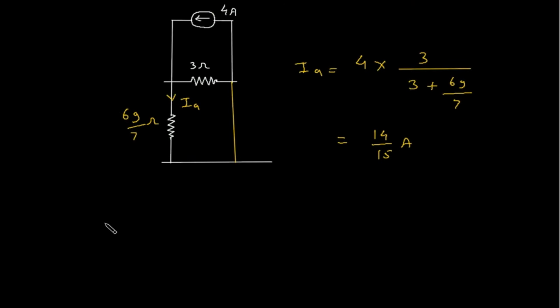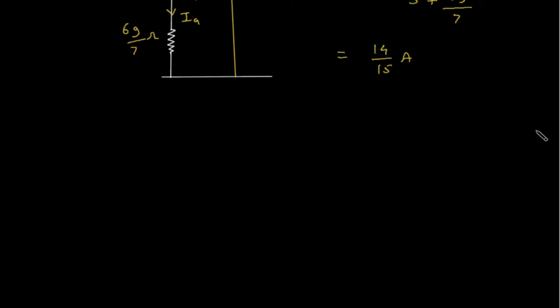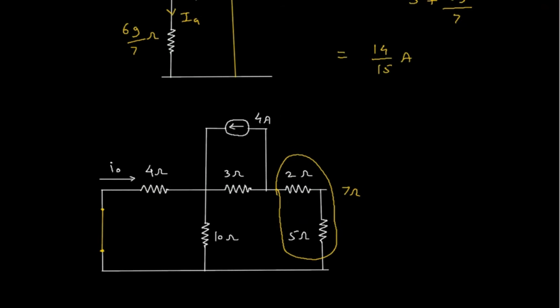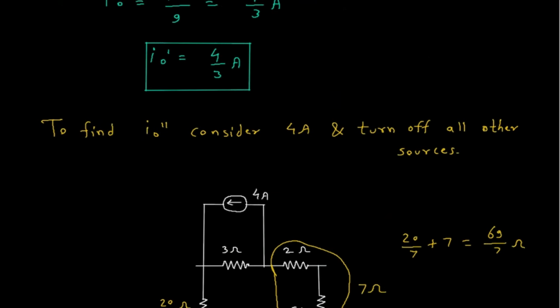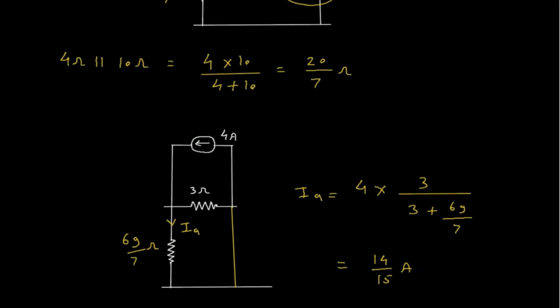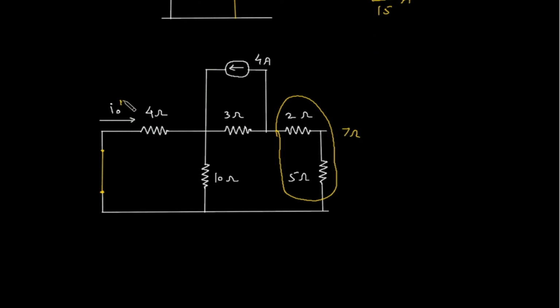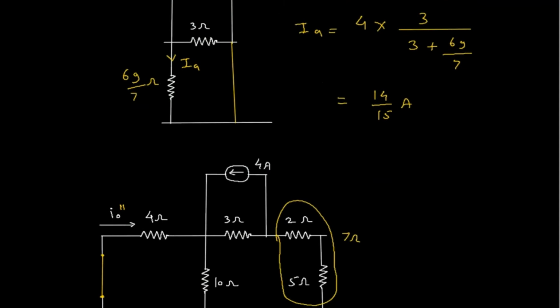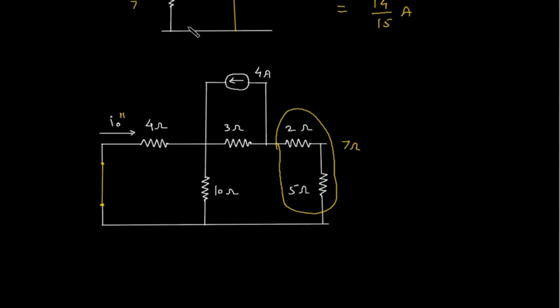We have to find this current IO. This is not IO, this is IO double prime. Now we have the value of this current. So for simplicity, let's erase this.